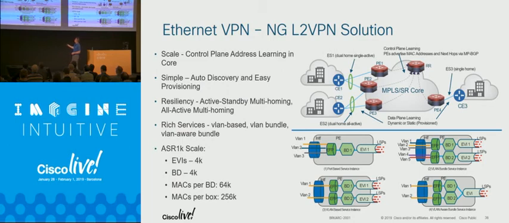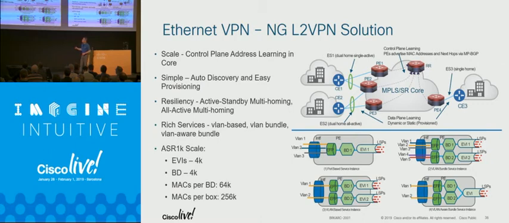So if you look at the couple of scenarios we have there, on the right, you have the CE3, it's single homed to PE4. Then on the CE1, on this side, you have CE1 dual homed to PE1 and PE2, but with one active link, the other is standby. Well, on the CE4, you can have dual homing to both PE2 and PE3 with both links active. This is the most common deployment scenario I have seen.